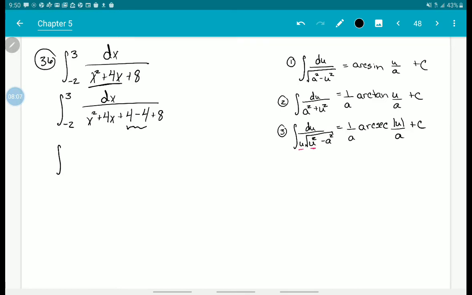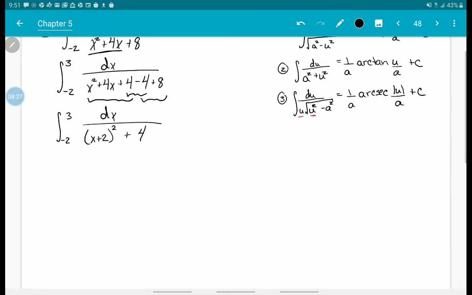And the reason that we would want to do that is because that will allow us then to complete the square on these pieces. So that's going to be x plus 2 times x plus 2, which is x plus 2 squared. This is going to reduce. In this case, it's going to be a plus 4. So I'm going to rewrite this so it's exactly in our arctan form.